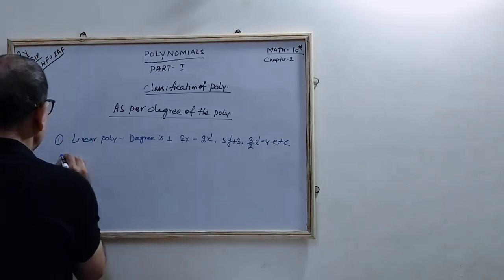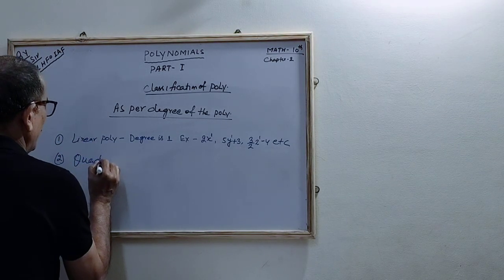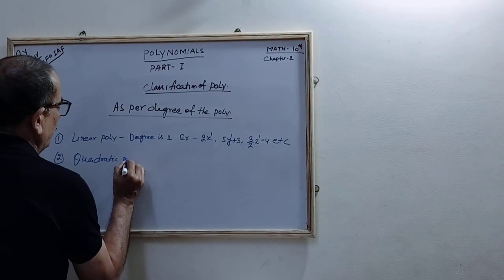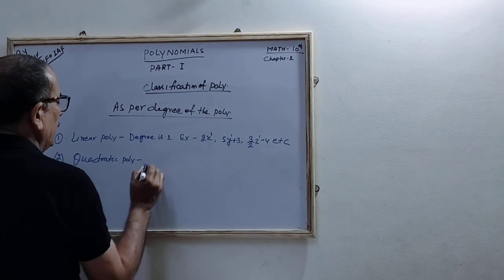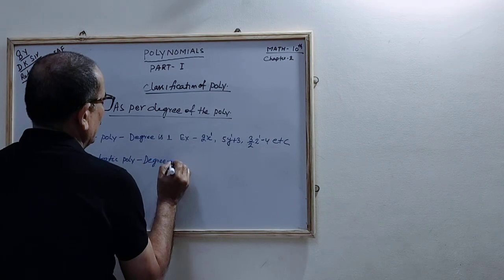The next we will see is the quadratic polynomial, where the degree will be 2, correct?